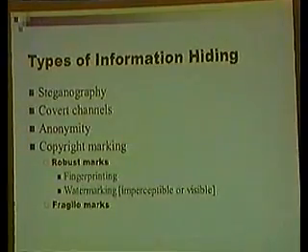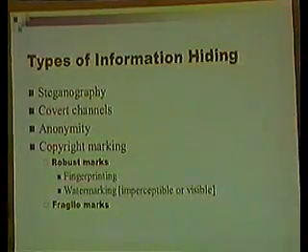Covert channels are kind of a breed apart, where you're basically using channels that were not designed nor intended to provide any information at all, such as maybe the timing of TCP packets or TCP IP sequence numbers or what error message is displayed, and things like that.